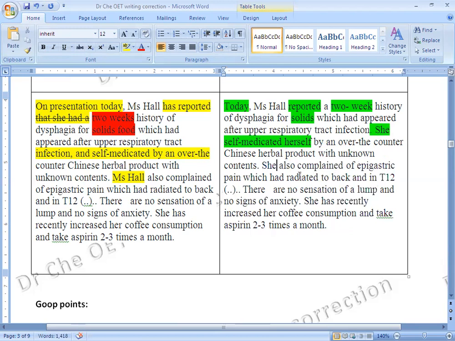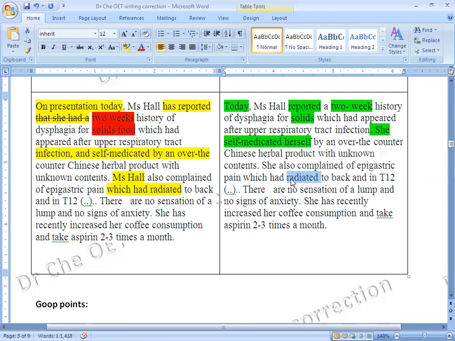She also complained of epigastric pain which had radiated is not good, okay? Which radiated to back.